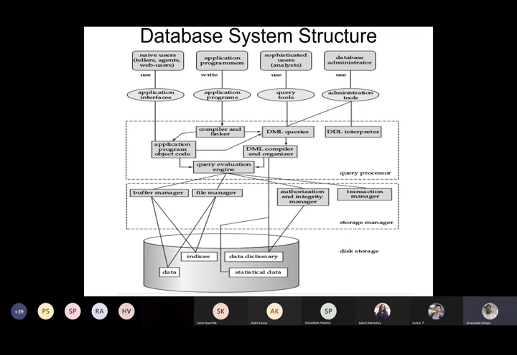If you look into the storage manager components, you have authorization and integrity manager, right? What do you mean by authorization and integrity manager?